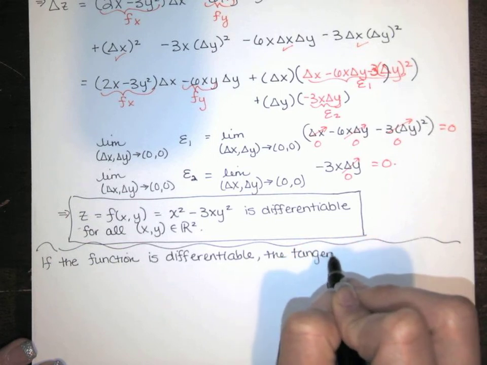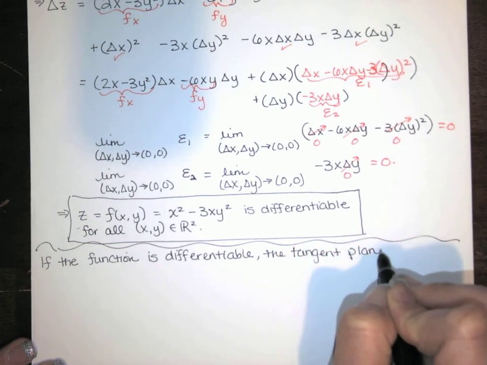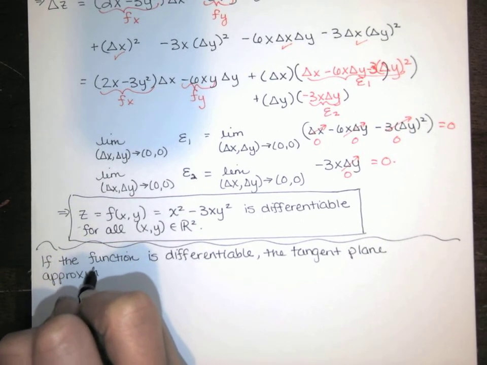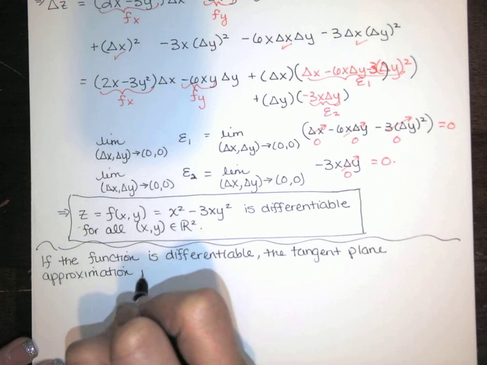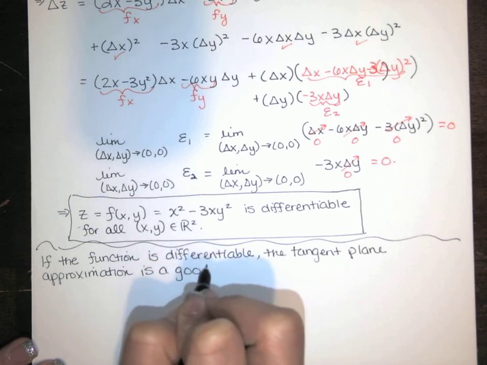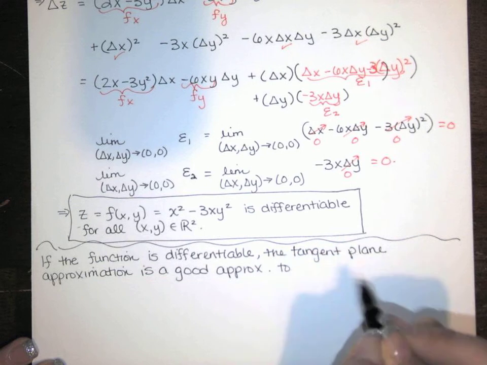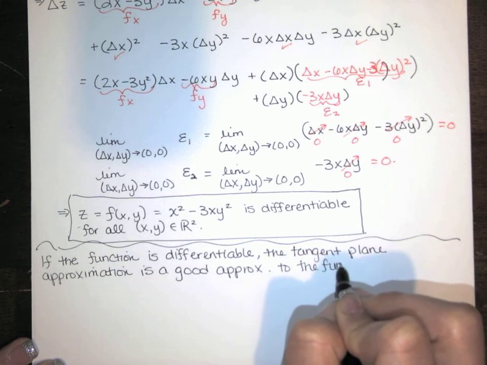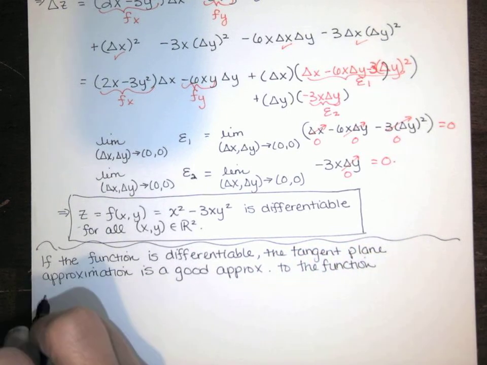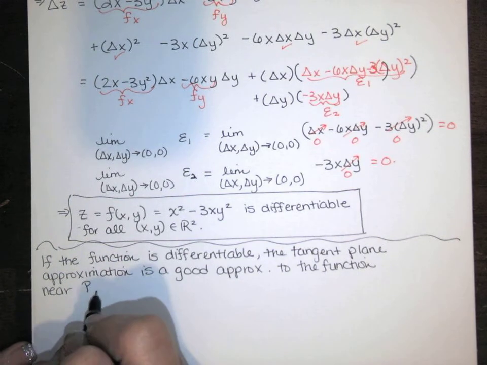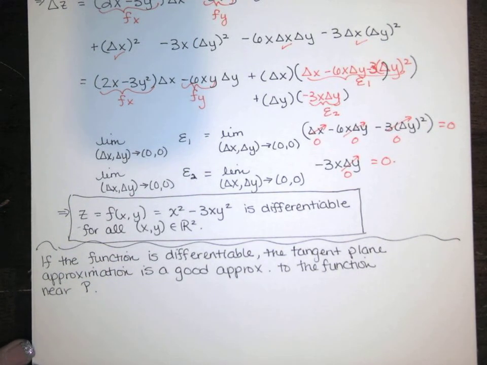I'm going to write the tangent plane approximation. I'm going to write near p because we want this to extend to functions of 3 variables and functions of 5 variables and functions of n variables.